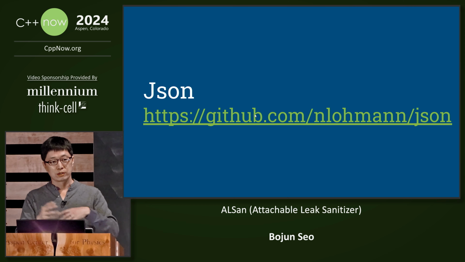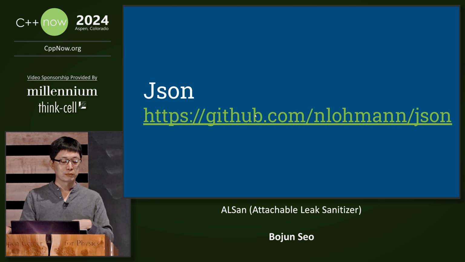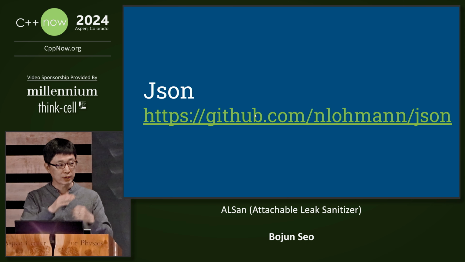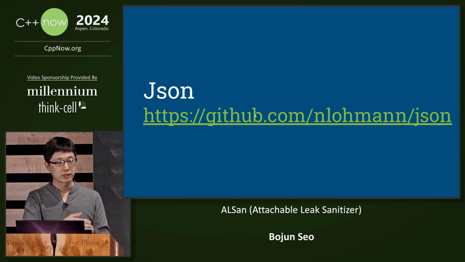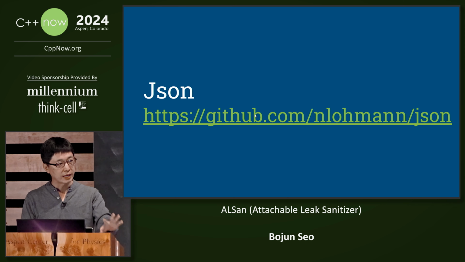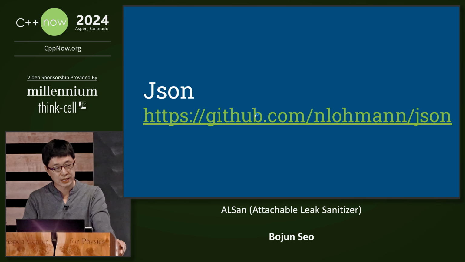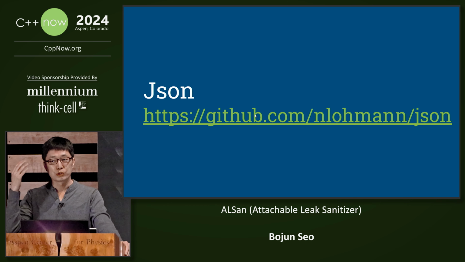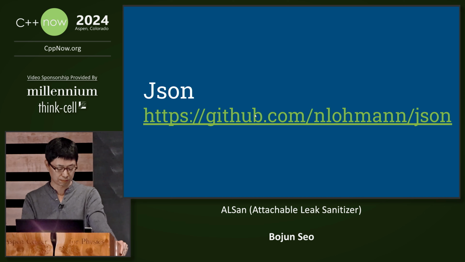So I moved to the version right before that patch was applied and generated the leak with the original LSan, and there will be a report. I applied the attachable LSan and compared it, and I will show you that it is almost the same.